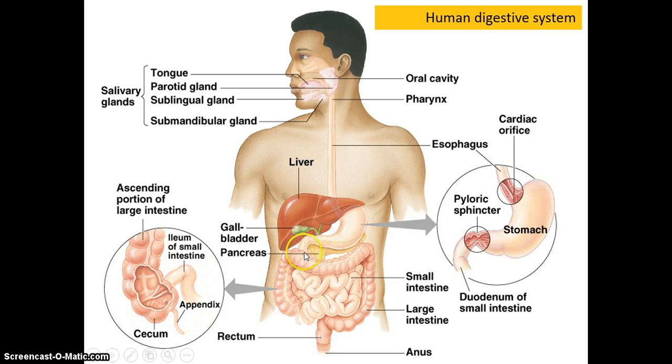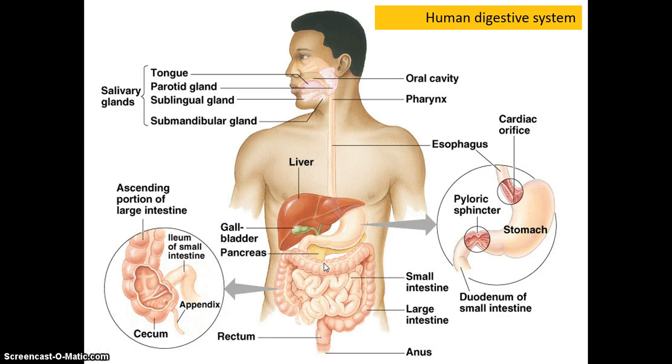And you absorb the good stuff, the stuff that you want, and then you eliminate the rest. All the way down through the digestive system, food's going to pass, get broken down and absorbed, and then be eliminated. You also have accessory organs, and these are organs generally that make enzymes and dump them into the digestive tube.